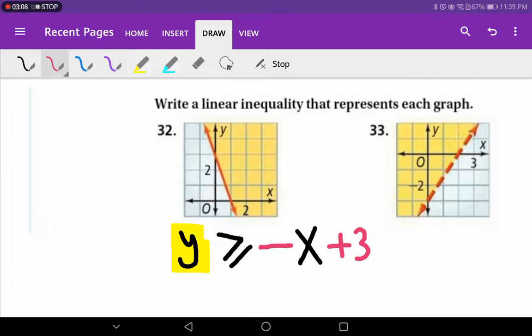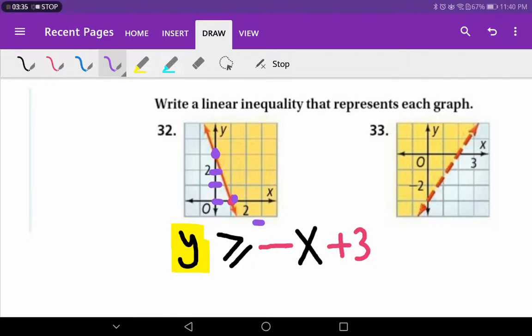Okay, now I have 2 nice points. This is the first nice point and this is the second nice point. I will move from the y-intercept, which is this one, to this point. Okay, rise over run, you have to move vertically. Yes, 1, 2, 3. Clearly you move down, so it is negative.